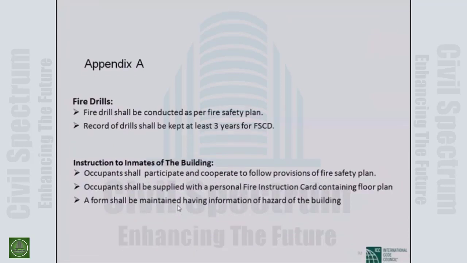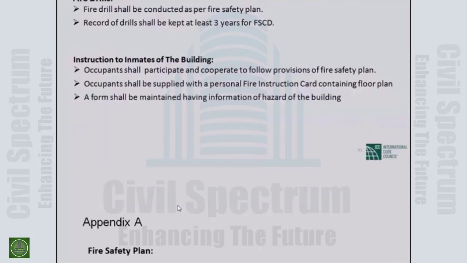It has to be done occasionally and regularly without any notification. During the fire drill, you have to give the alarm sequentially. The total building should not evacuate at the same time. So it must be sequential, and when giving the alarm, remember the alarm sound should be 10 decibels higher than the area's noise.